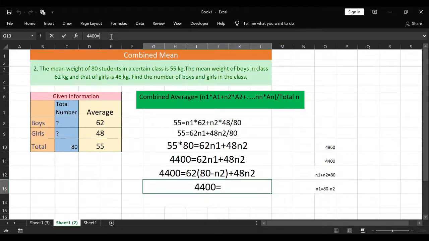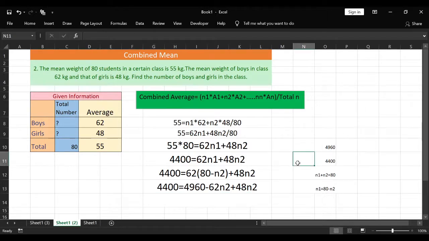So 4400 equals 4960, that is 62 into 80, minus 62 n2, plus 48 n2 as it is, 48 n2.